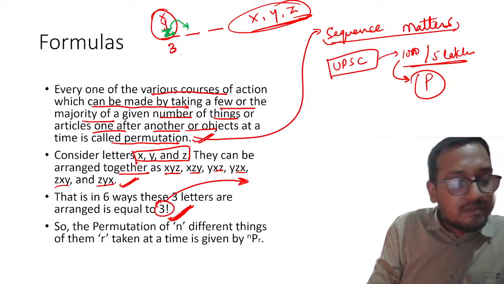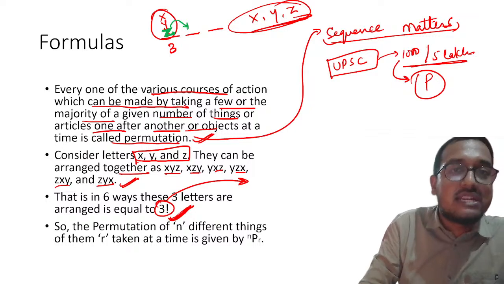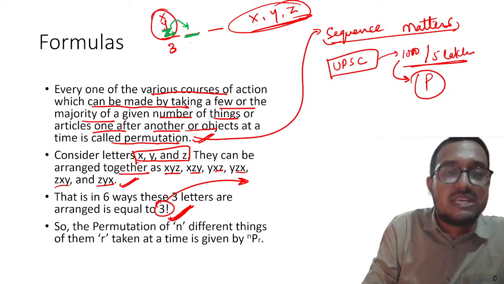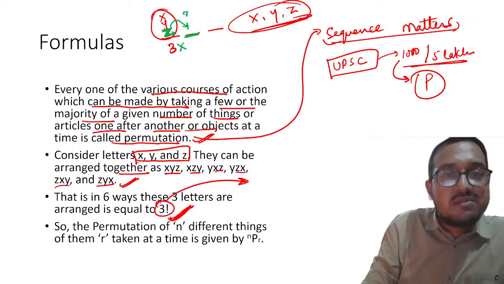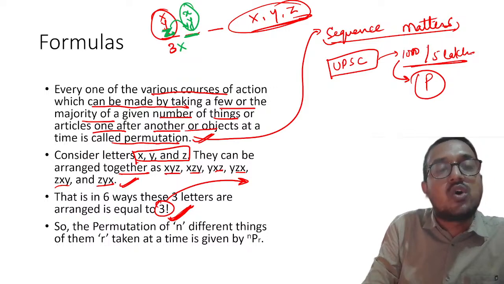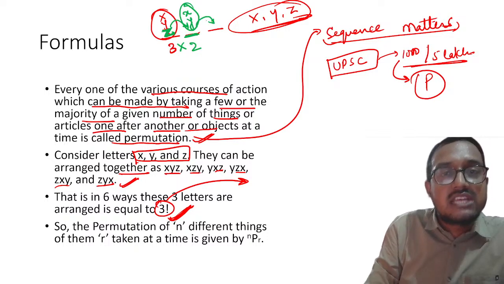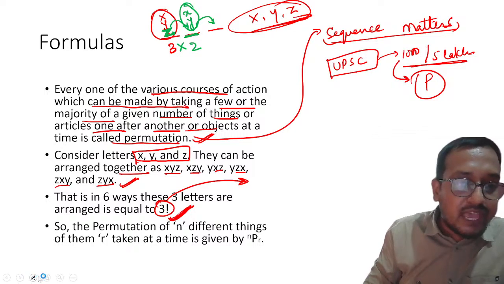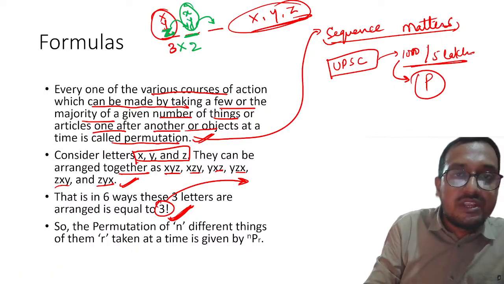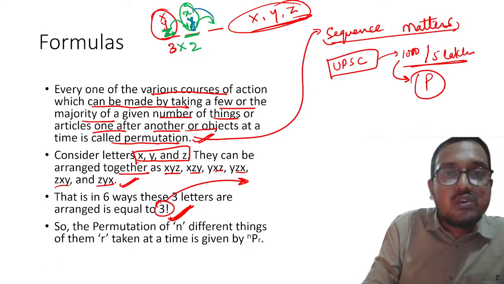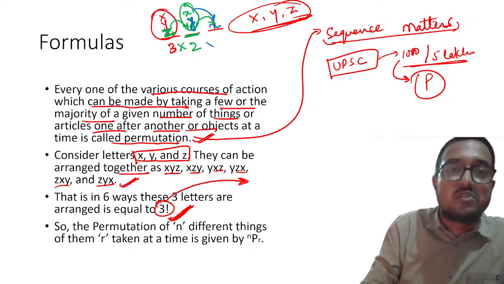Can Z now be in the next place? Obviously Z cannot come at this place. In that case, what are the possibilities? It can be either X or Y. So the number of possibilities remaining is 2. Now in the next one, suppose I put Y here. Then only X can come, so that is 1.